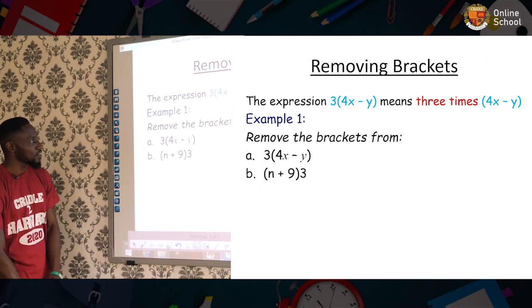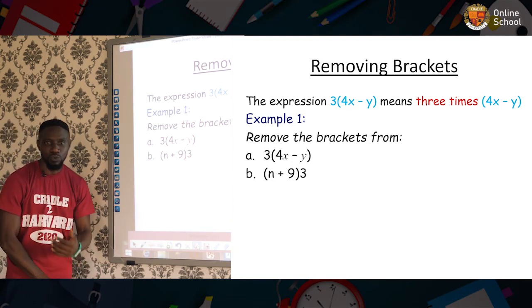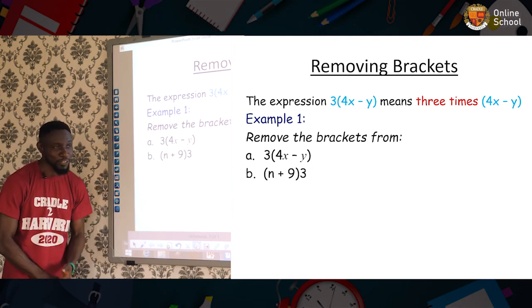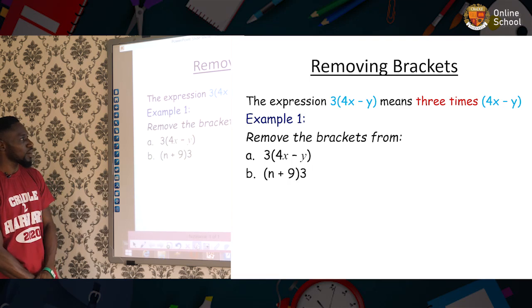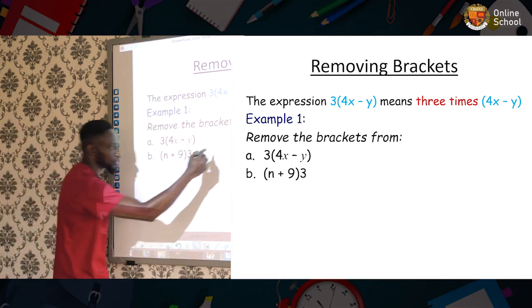Removing brackets. The expression 3 into bracket 4x minus y means 3 times of 4x minus y. Let's look at example 1. It says remove bracket from the following. We can solve it. Solution.